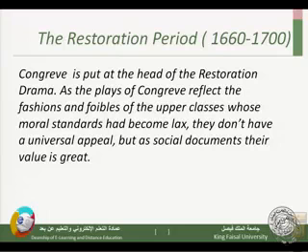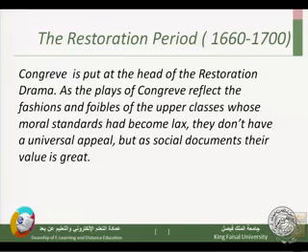The plays of Congreve reflect the fashions and fables of the upper classes, whose moral standards had become lax. Congreve was one of the dramatists who wrote only for the aristocratic level, so they do not have a universal appeal. Why? Because his drama was written for the aristocratic people.